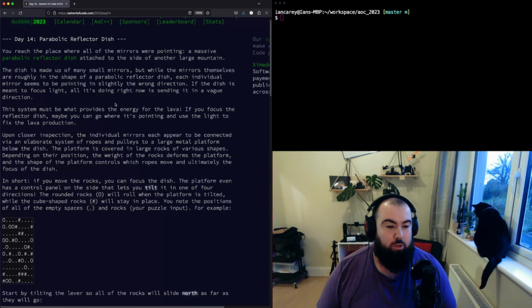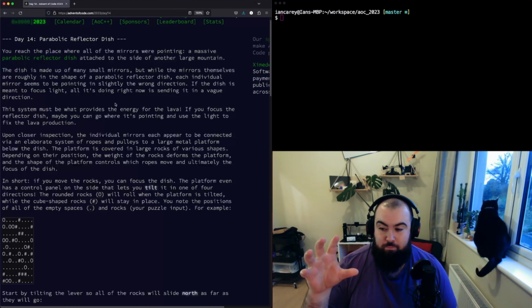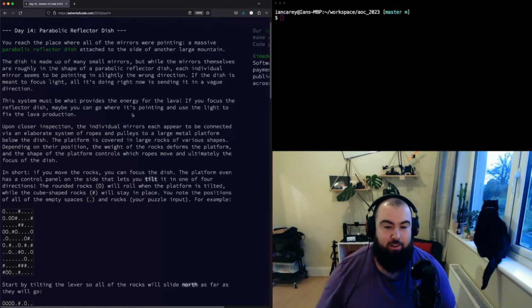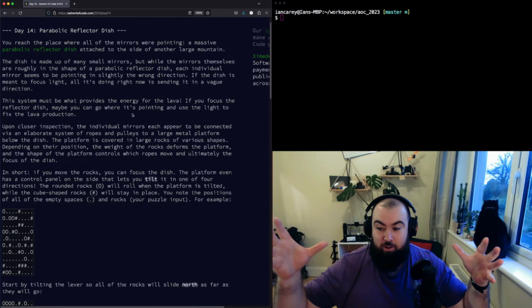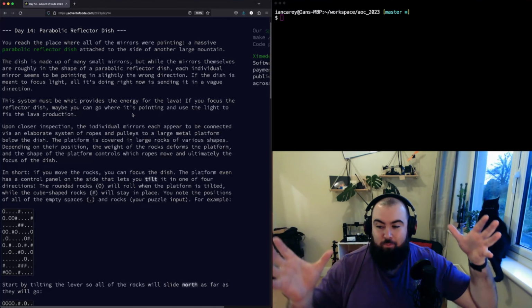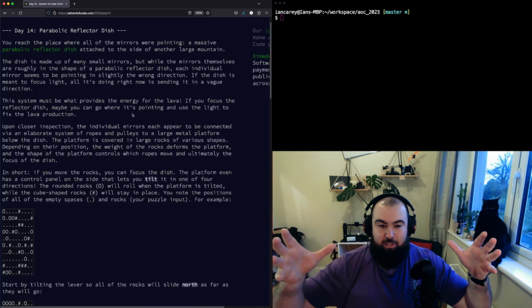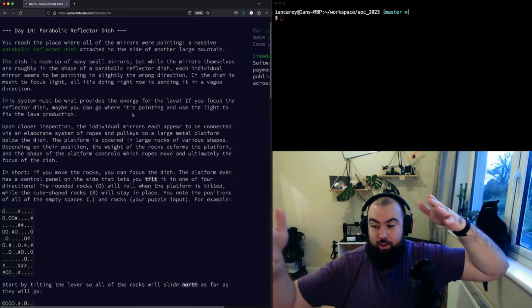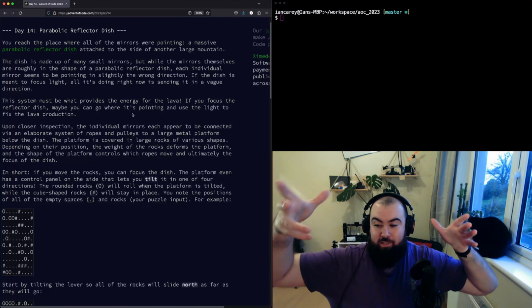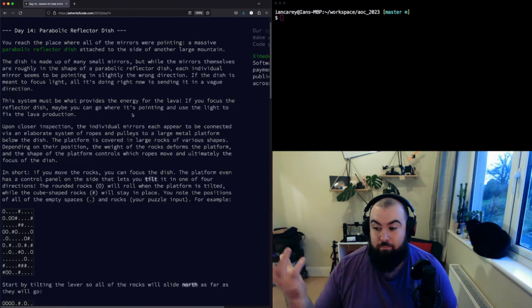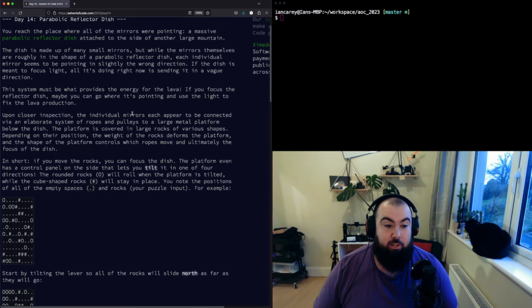So you find this mechanism that has all these pulleys and ropes and a bunch of rocks on it, and depending on which way the mechanism is tilted, the rocks move from one side to the other, and that changes the orientation of the mirror. So that's what we're trying to do.